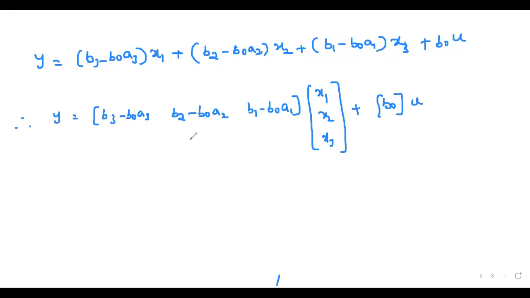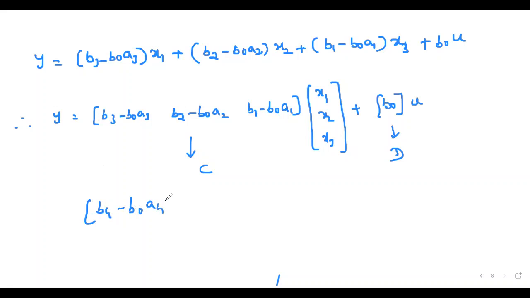Now see, C matrix and D matrix both are different. If you remember this format and it is not third order, say a 1 by 4 matrix, there will be one more element, b4 minus b naught a4.